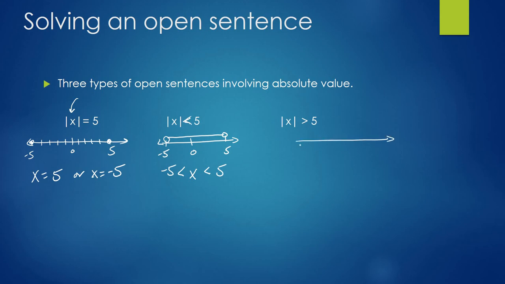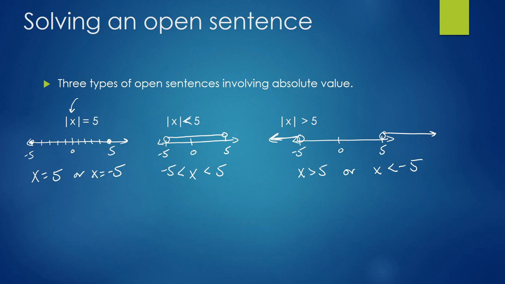What about greater than 5 units? So again, there's 0, there's 5 units away on either side. More than 5 units away means out here, further away from 0 than 5 units. Or in other words, x is greater than 5, or x is less than, to the left of, negative 5.